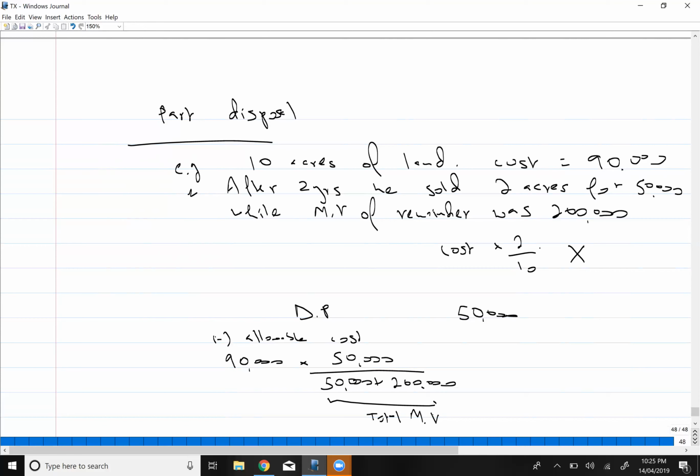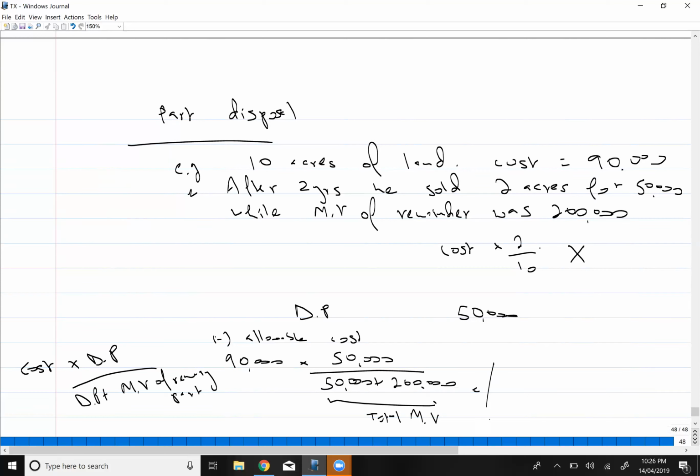Let me write down the formula also for you: original cost into DP over DP plus market value of remaining part.